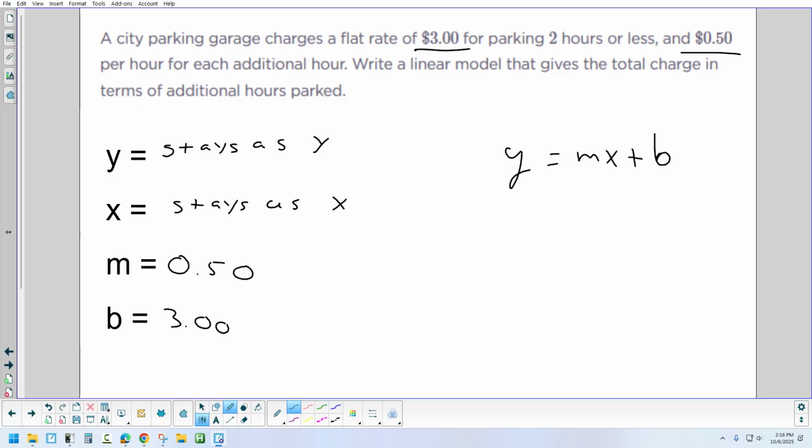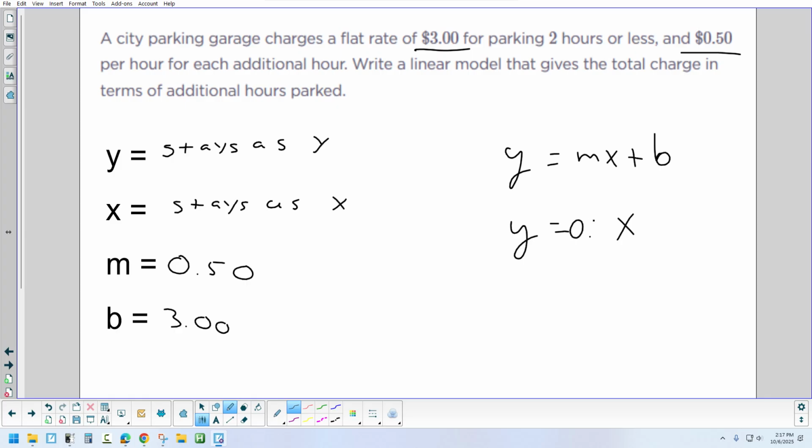Okay. And now follow your directions. Y stays as y, x stays as x. And we're going to fill in the m and the b. What am I filling in for m? 0.50.